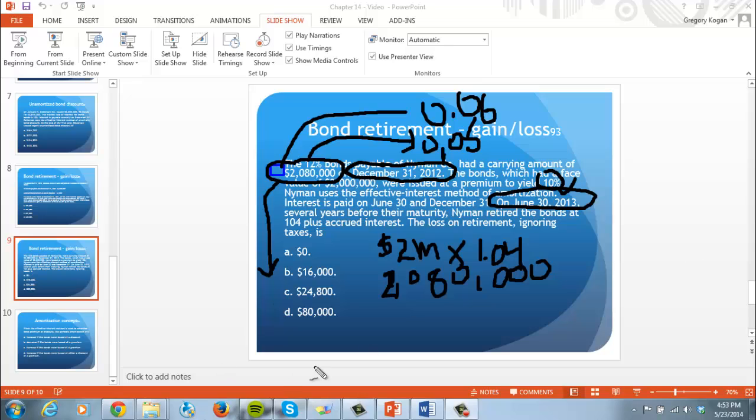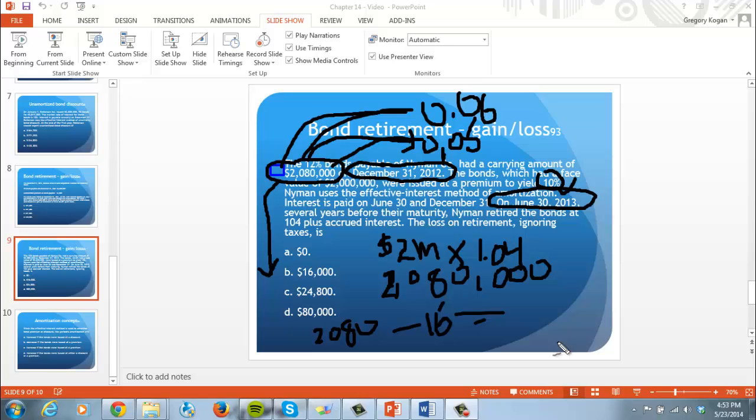Looking through these calculations, we end up getting a difference of 16,000, which is the difference between the product of this and the product of this. And we get the carrying value.